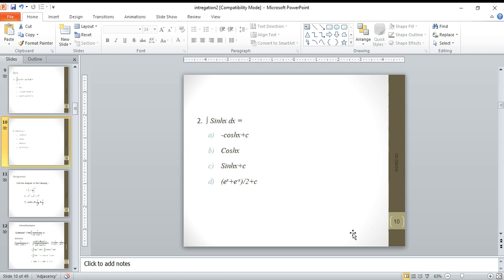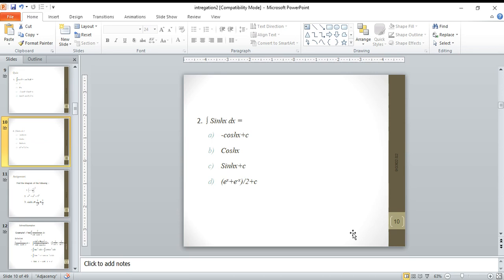Next, integration of sin hx dx. In hyperbolic functions, integration of sin hx is cos hx, and integration of cos hx is sin hx plus c. There is no minus. Therefore, integration of sin hx dx is just cos hx plus c, not minus cos hx.